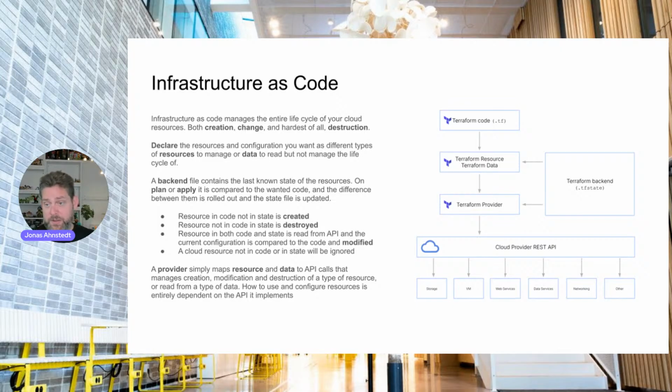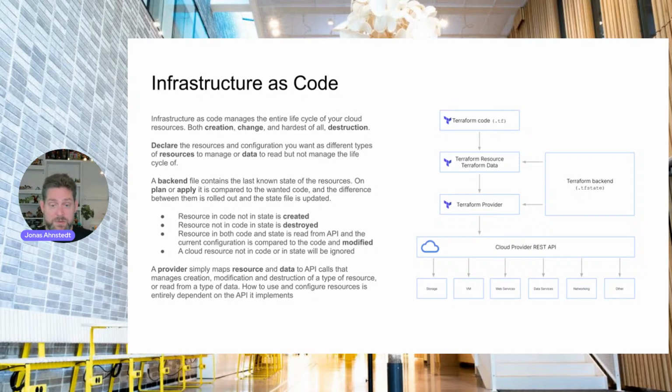But then again, you write your code, the resources that you want to create or manage. If you add a resource, it will be compared to the state, and it says, oh, it doesn't exist. We will create it. It will literally say create. And if the resource is no longer in the code, but it is in the state, it will say, I will destroy this because it's no longer supposed to be here.